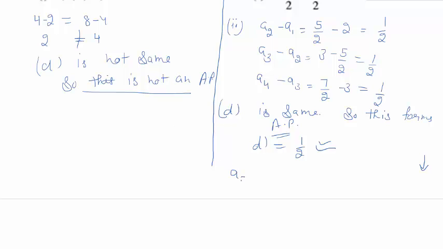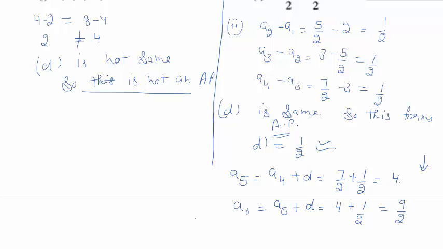To write 3 more terms, we have been given 4 terms, so A5 will be A4 plus D. A4 is 7 by 2 plus D, that is half. So this will become 8 by 2, that is 4. And A6 will be A5 plus D. Now A5 is 4 plus D, which is half, so this will be 9 by 2.